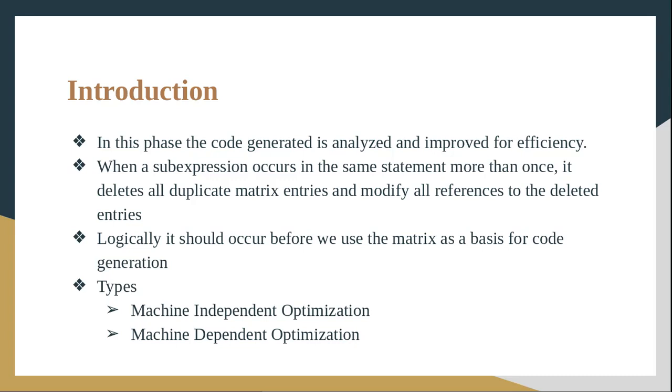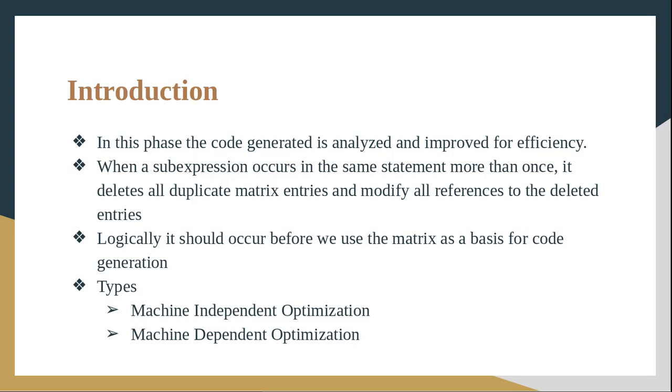Then what is machine dependent optimization? In the last phase of the compiler, the code generation phase, we generate the target machine code. If we are optimizing that final machine code, that is called machine dependent optimization, because in the target machine code all the instructions are machine dependent, as they consist of physical registers, right?